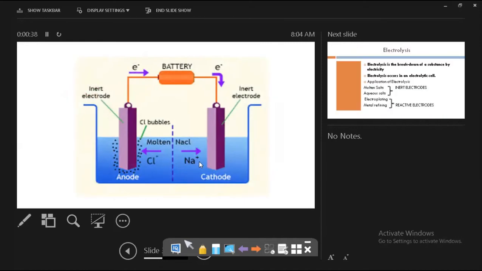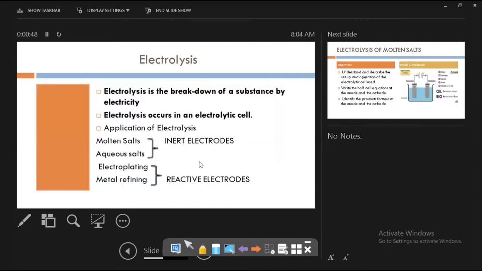Now, this is an example of an application of the electrolytic cell. For the topic on electrolytic cells, we will look at electrolysis. And under electrolysis, we will look at electrolysis using inert electrodes and electrolysis using reactive electrodes.